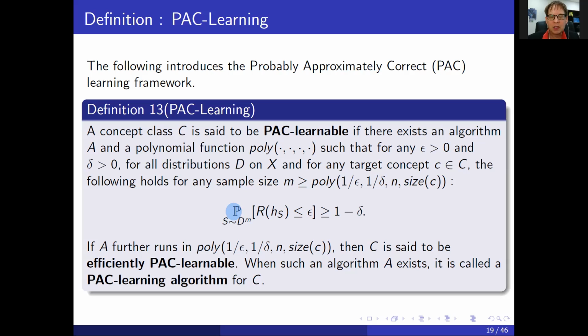So it's probably correct. And the probability here refers to the sample, right? So the sample size here, that means during the learning phase, the algorithm makes samples. So this is kind of like supervised learning as opposed to unsupervised learning. The algorithm asks, here, I've made this sample.